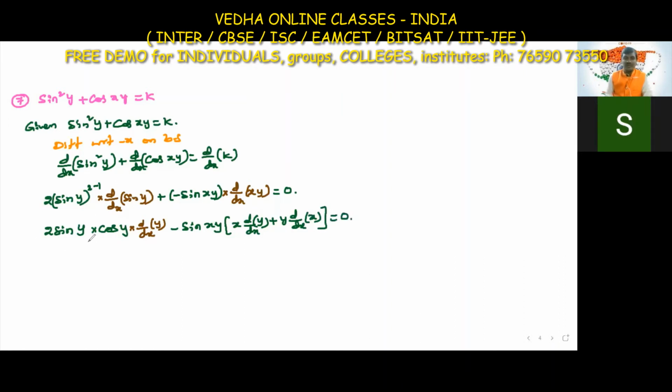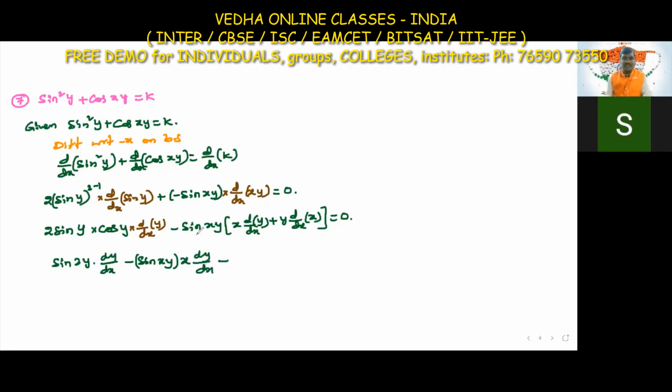Now 2 sine y cos y is the sine 2 theta formula. Either you apply the sine 2 theta formula or we can keep it like that. If you apply it, we can write it as sine 2y into dy by dx, minus sine xy into x into dy by dx.